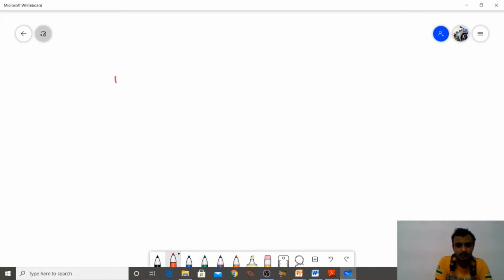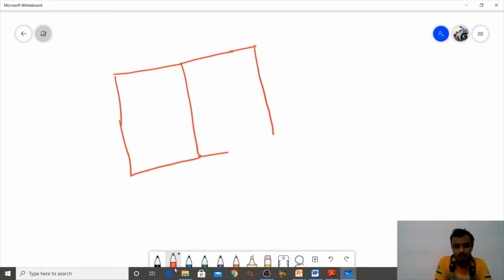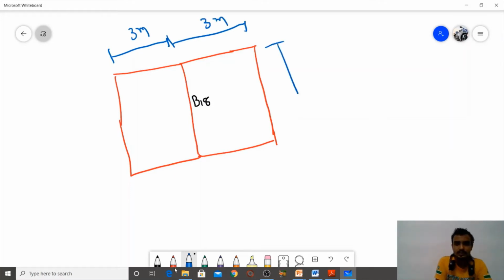Here is beam number 80. Length is 3 meter here, 3 meter here, and 6 meter here.